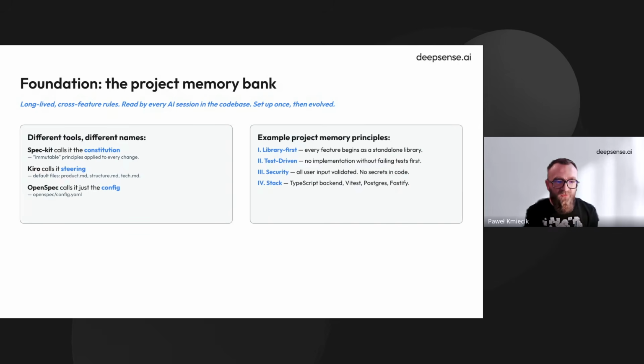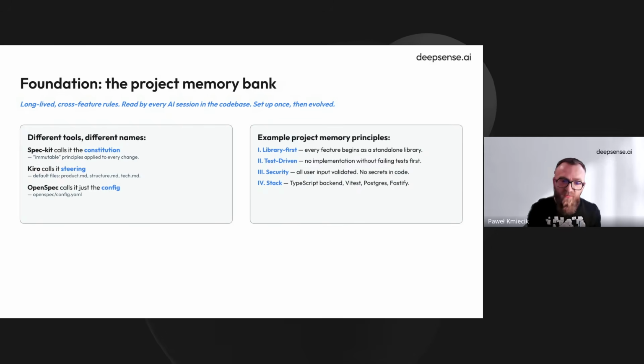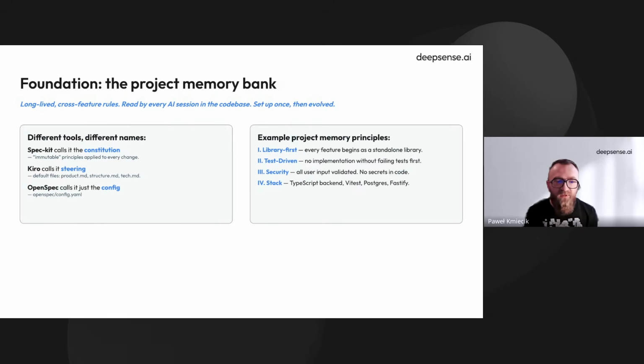The naming, as you see, is different, and you can think of it like something similar to Agents MD or Claude MD, but something more powerful because it's built into the given tool. So the enforcement is higher than the config files I mentioned.